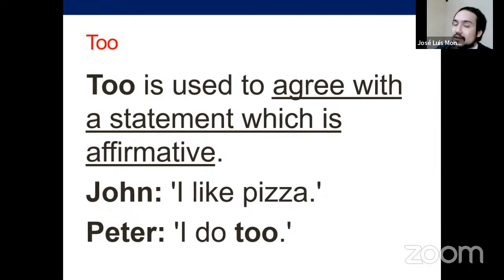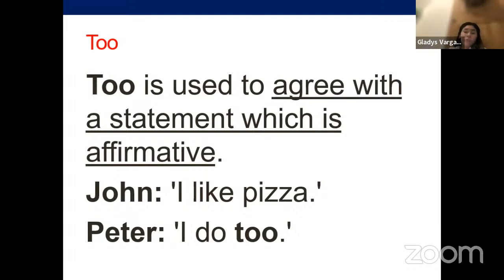So, if this is the logic, let's play with some other elements. What if I say, I am in my house? How do you show agreement with that one, Gladys? I am in my house.